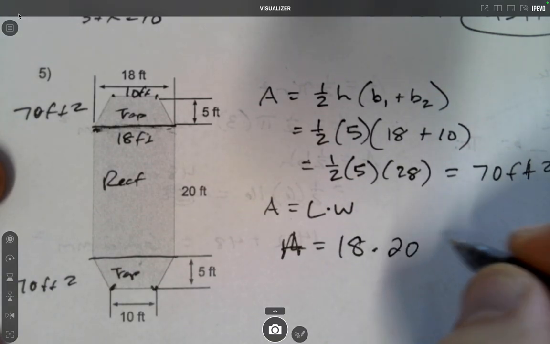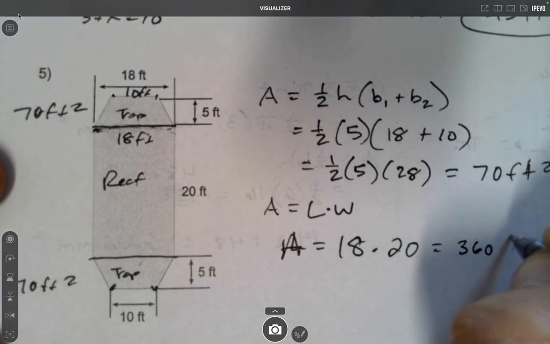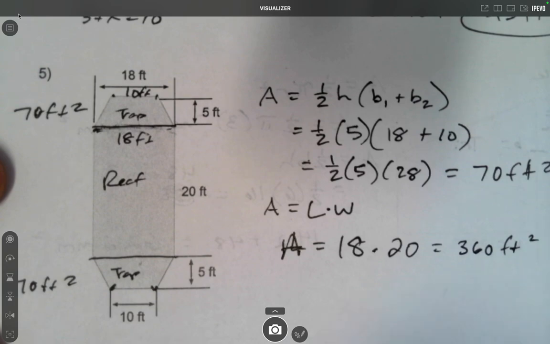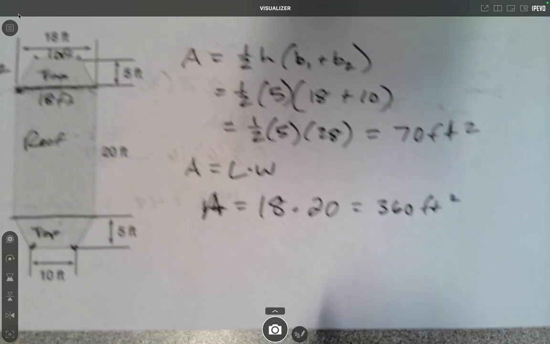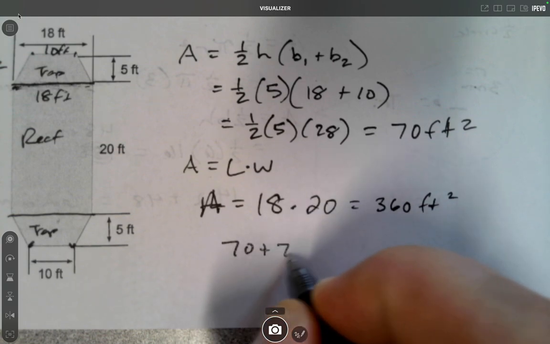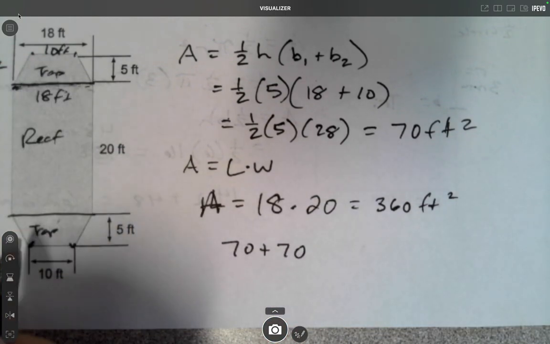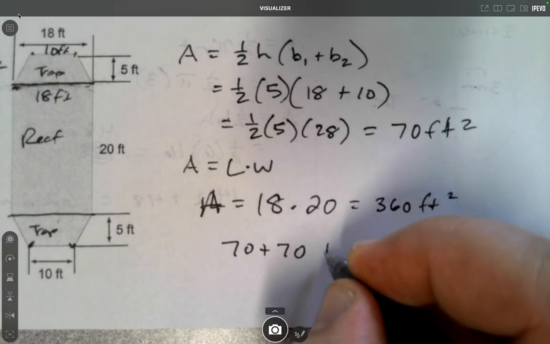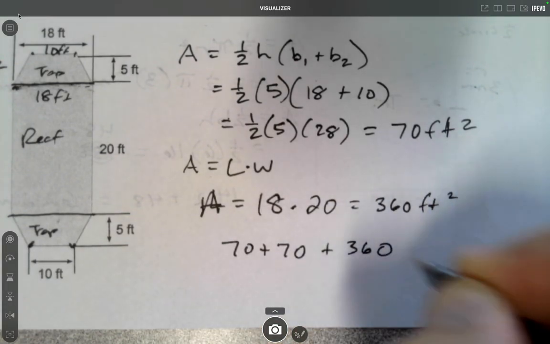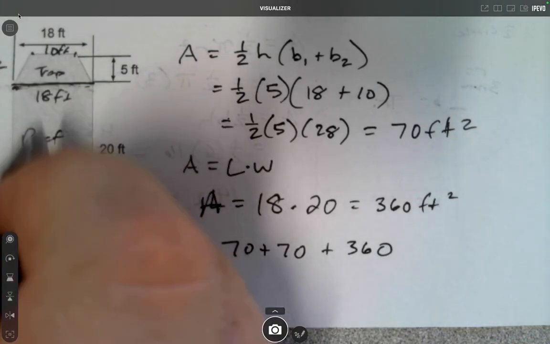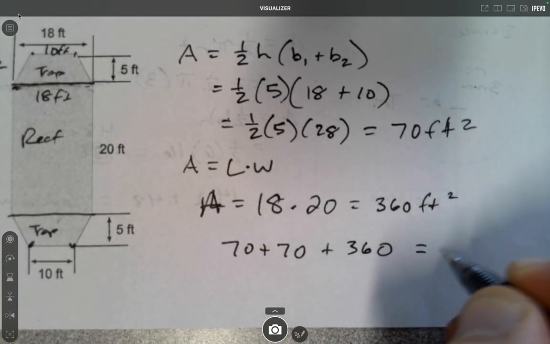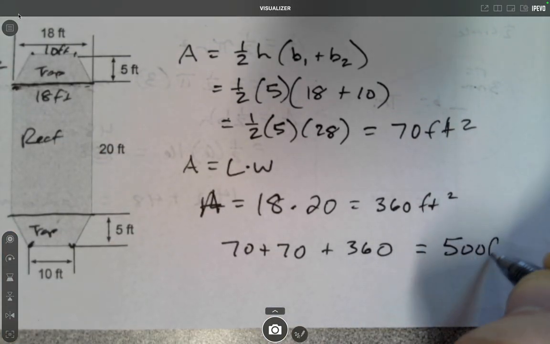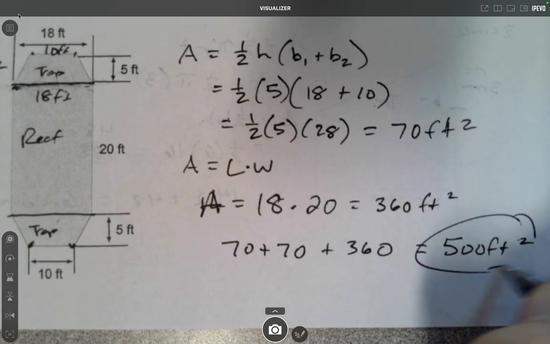So we do 18 times 20, and that gives us 360 square feet. So we need to add 70 twice, because 70 shows up here and here. You could also say 2 times 70 if you wanted to, plus the 360 to cover the rectangle. So we got 3 numbers because we have 3 shapes this time. And in total, we get that composite figure is 500 square feet.